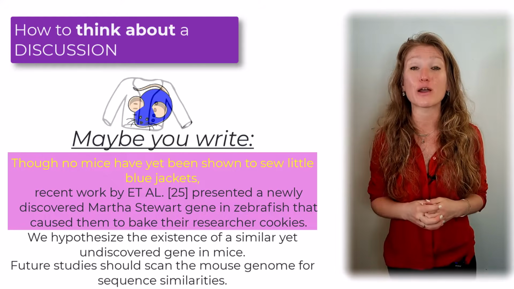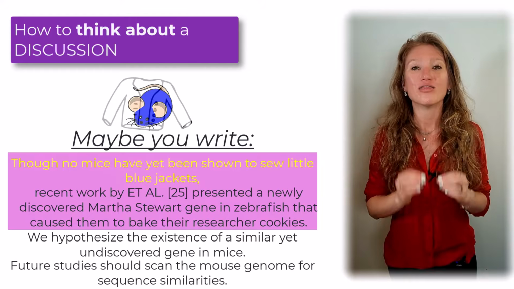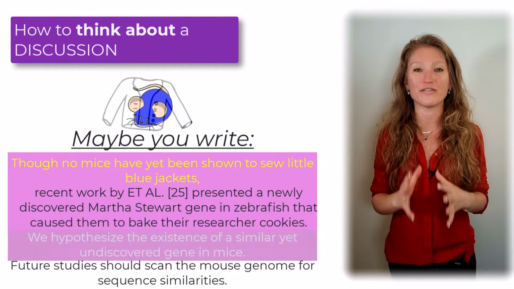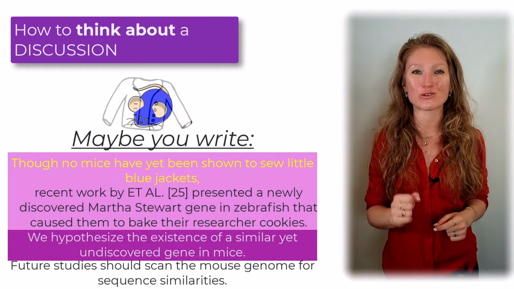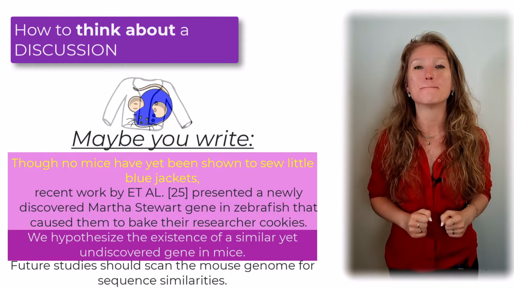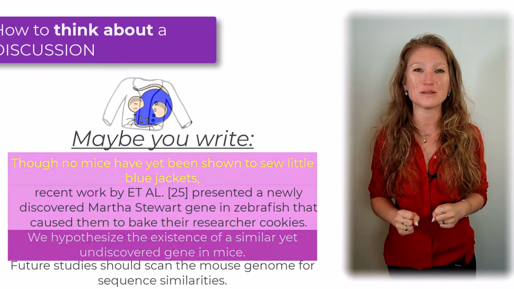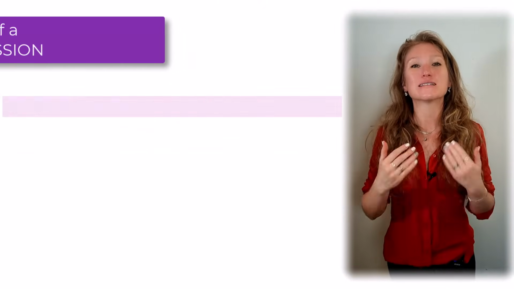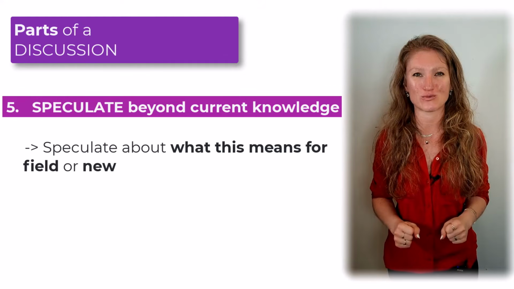And we do this by referencing that paper in zebrafish and that Martha Stewart gene. Then we speculate on what this may mean. Notice that we do that by speculating that this Martha Stewart gene found in zebrafish may have a homologous gene in mice. So this is where we, part number 5, speculate beyond the edge of current knowledge that existed when we started this research project.